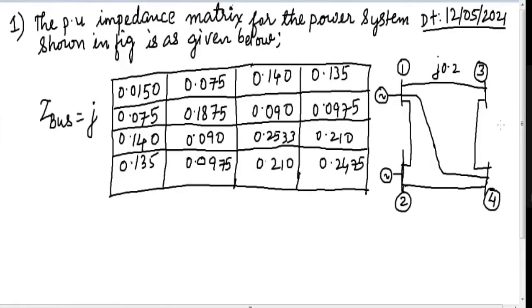The self-impedance values are also given in this way. So in this way, the system is given to us as well as we are provided with the ZBus. Now let us see what is asked in the question.